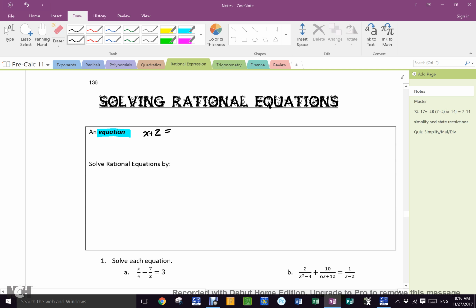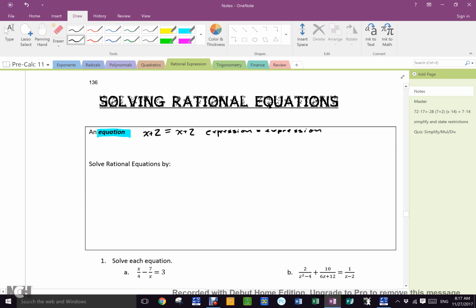Yeah, it's got to equal something, yes? An equation has to equal something. I like to say it is an expression equaling an expression. You have to have both.